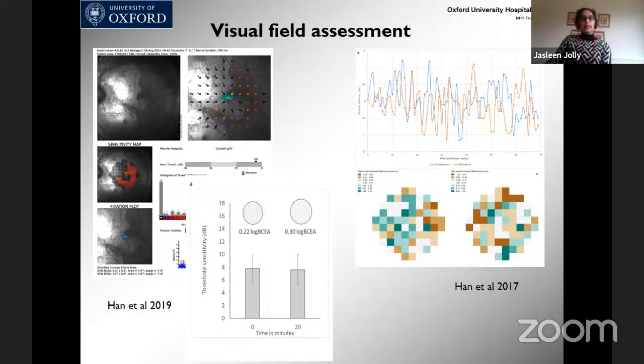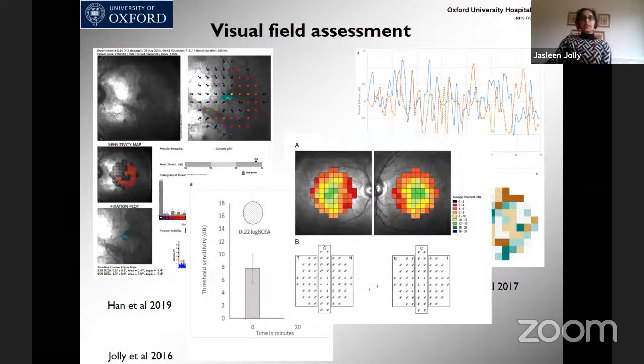We also looked at repeatability of this in the choroideremia population, and we also looked at the pattern of loss. So this is a composite of 100 eyes. And what I've done here is I've shown the green is where you get maximum preservation, and red is where fewer eyes have surviving retina.